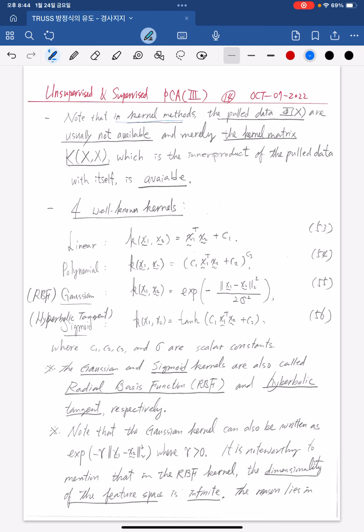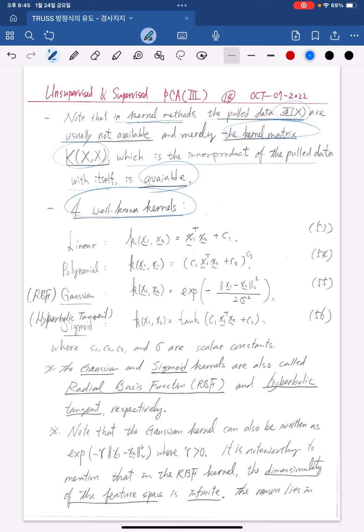Note that in kernel methods, the full data phi(x) are usually not available, and merely the kernel matrix K(x, x), which is the inner product of the pulled data with itself, is available.